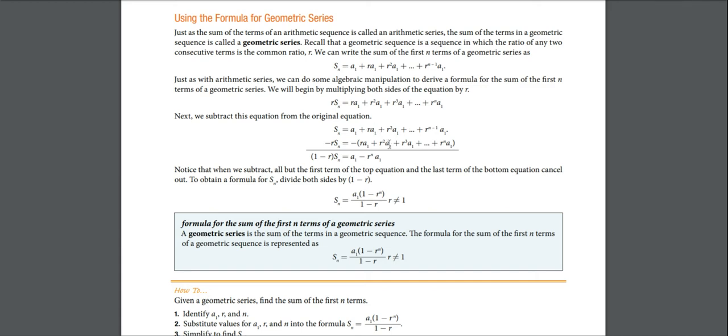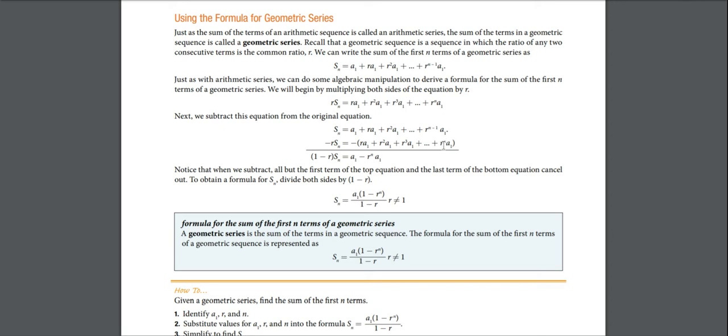So these cancel. There's an invisible term here that matches this one, so we can cancel that out. There's also an invisible term here that matches this one, because if I went one term back from r to the n a1, I would get r to the n minus 1 a1. So that would cancel here. There's nothing I can cancel with this one.